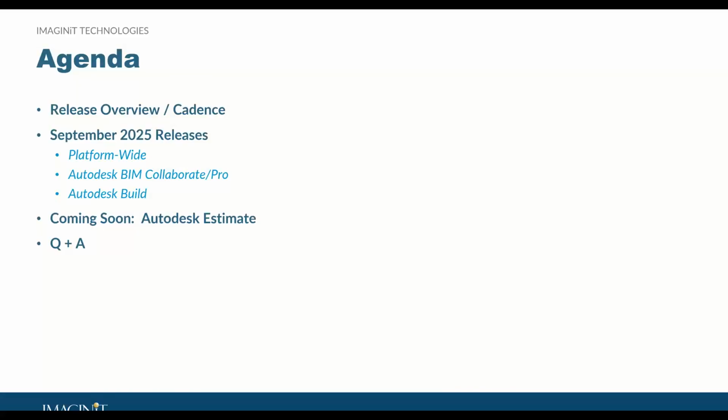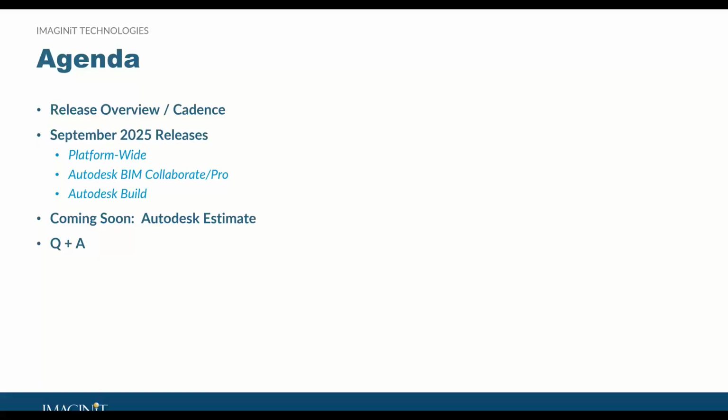All right, so a quick agenda, a quick overview of what you guys can expect on our call today. I'm going to give a little bit of an introduction around what the Autodesk Construction Cloud release cadence looks like. Then we'll hop into the September 2025 releases. So yes, it's October. These releases come out about mid-September. They happen every 2 months. I'll talk a little bit about that in the cadence slide, but we're going to go through different sections of those releases.